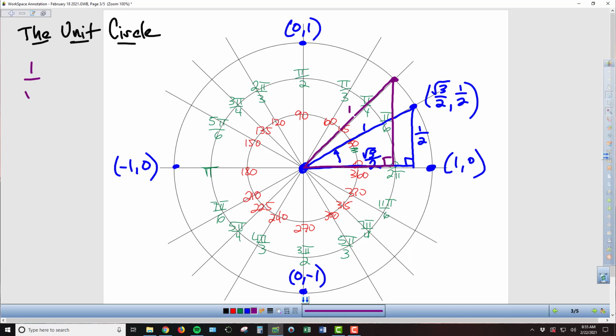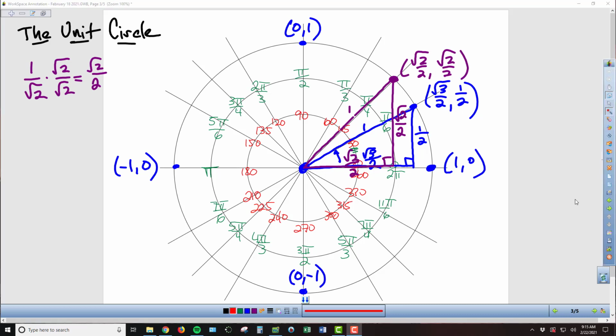So we get 1 divided by √2, which of course we can rationalize by multiplying the top and bottom by √2. And so then we end up with √2 over √2 times √2 is 2. So that means both the vertical and horizontal lengths of this triangle are √2/2. And so those are going to be the coordinates of the point that we have here on the circle that has this radius of 1. So we've got √2/2 and √2/2 as both the x and y coordinates.